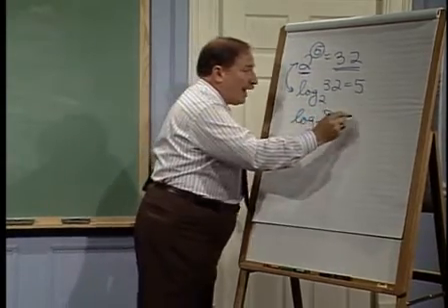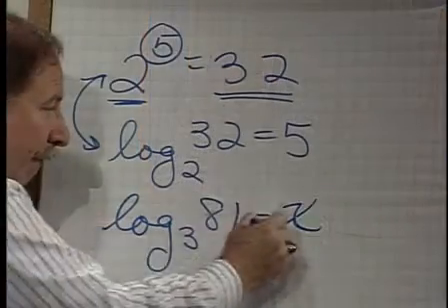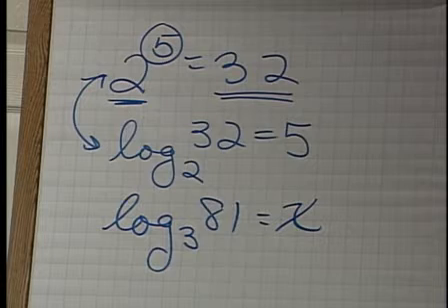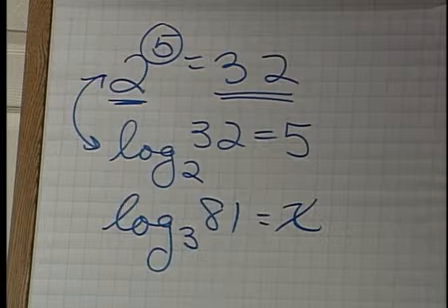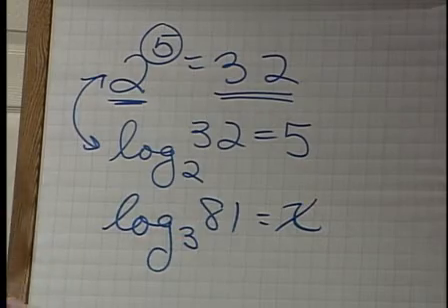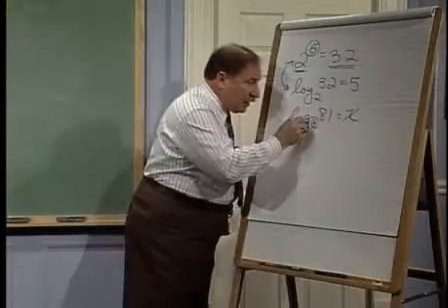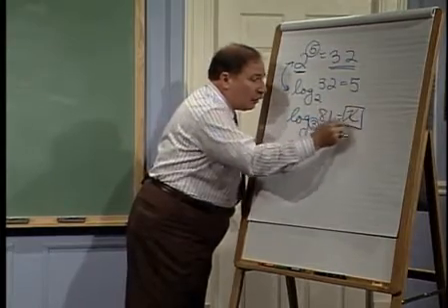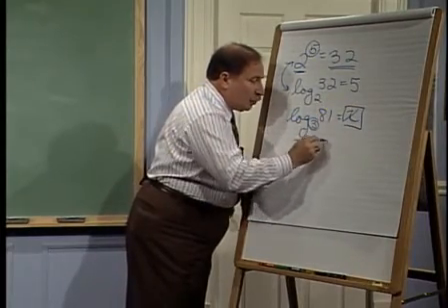Let's just call that x. Well, you might not know, because you never heard the word logarithm before you turned on this tape. We write that in its exponential form. Here's the base, 3. The logarithm is the power. 3 to the x equals 81.